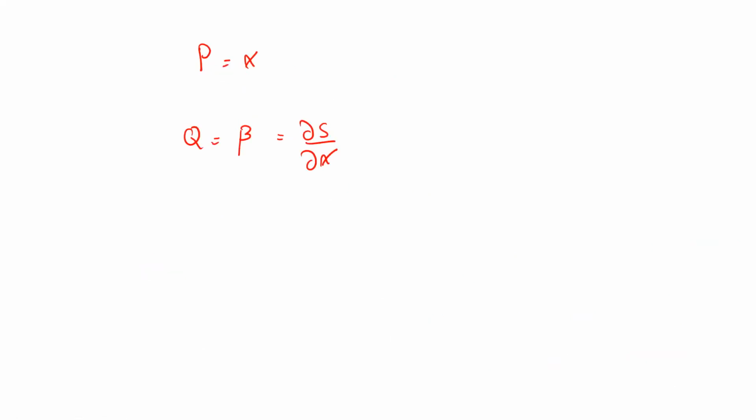So now we can easily solve for the equations of motion in terms of alpha and beta. So q will be a function of alpha, beta, and t, and p will be a function of alpha, beta, and t.